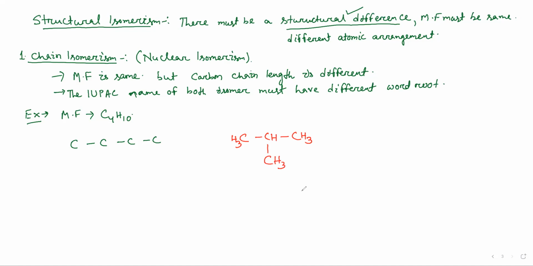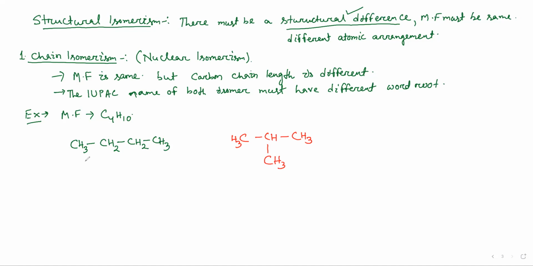Here let us fill up the hydrogens. This will have 3 hydrogen. This is having 2 bonds, so extra 2 hydrogen will be required. Here will be 2 hydrogen, and here we will have 3 hydrogens. Yes or no?